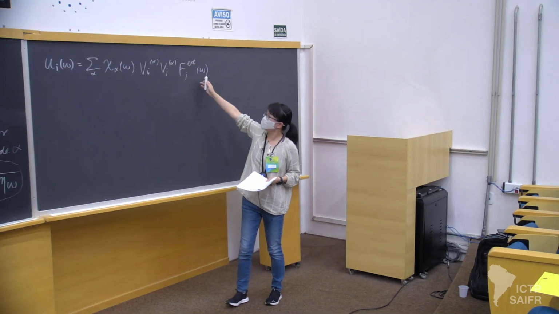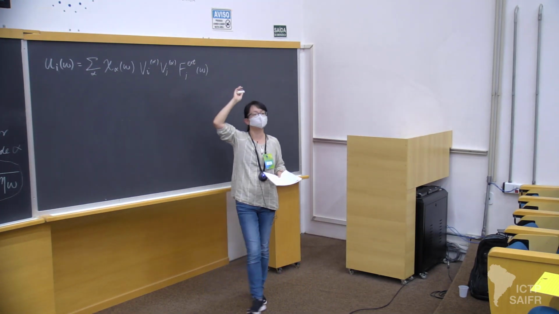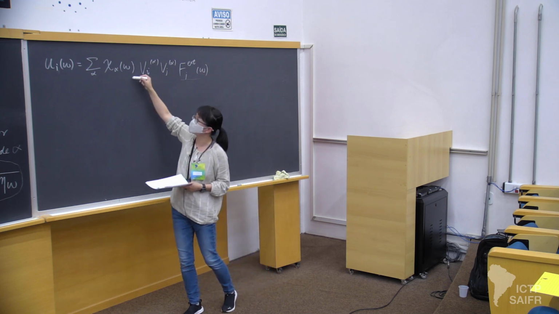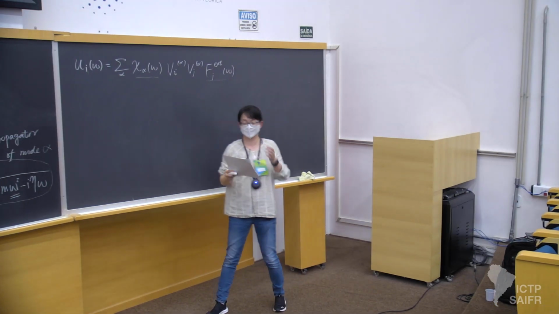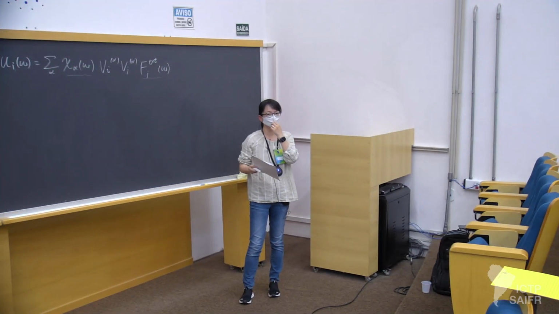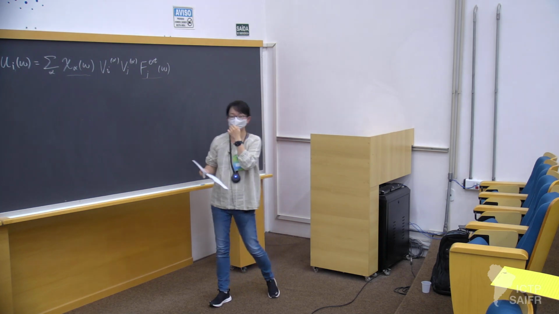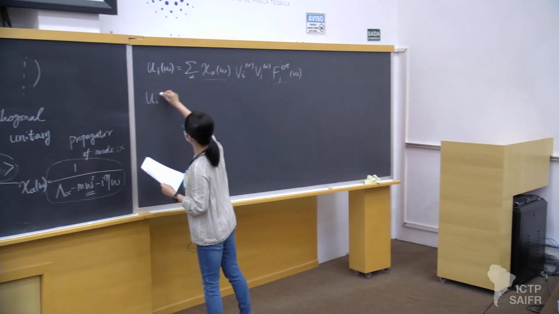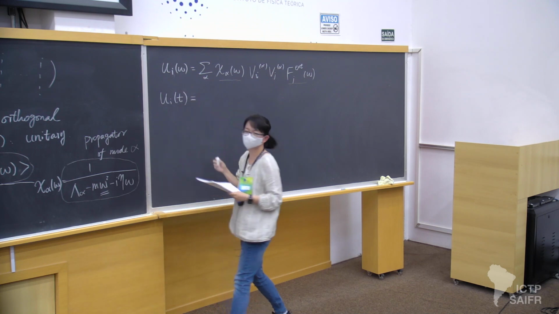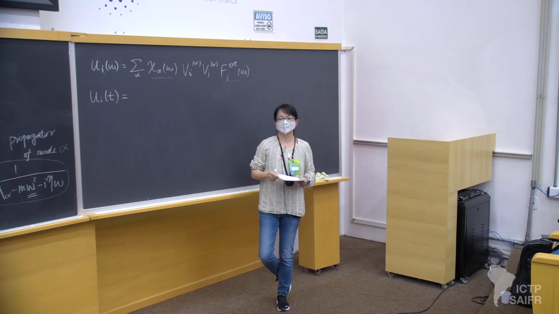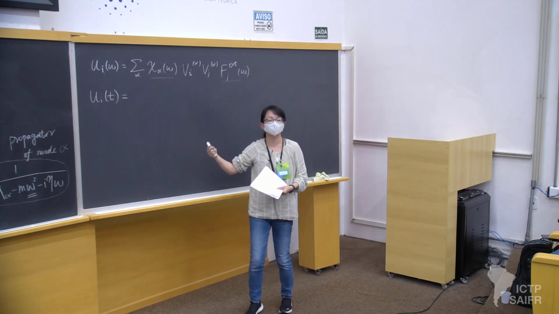As you can see, this is a product in frequency space, right? You take the product of f in frequency space and the chi in frequency space. If I Fourier transform it back to time domain, what should I get? U_i of t. It should become a convolution, right?